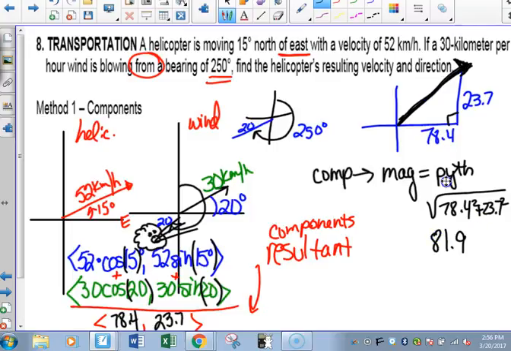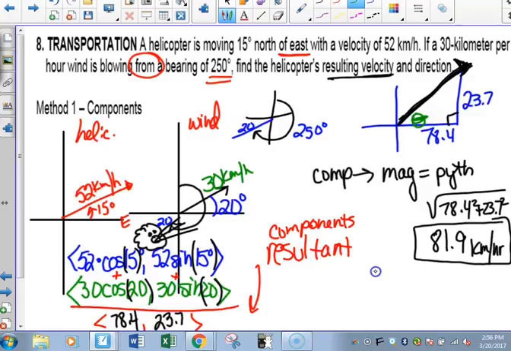Okay. The length is in kilometers per hour because that's what these two were measured in. So that's the magnitude when it asks for magnitude, or the resulting velocity in this case. The direction, if I were to ask you to find this angle right in here, theta, we could do inverse tangent, yes?